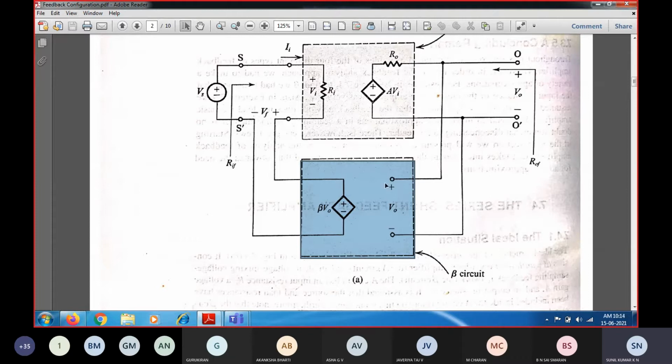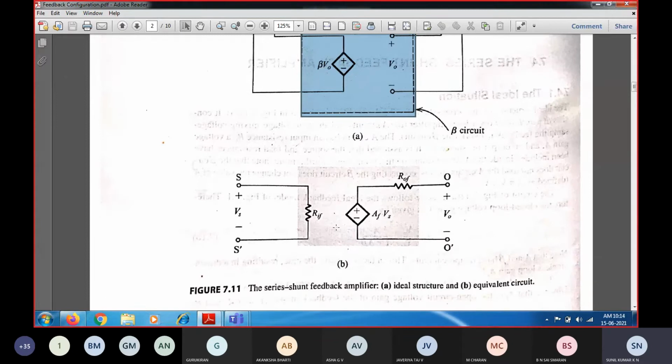When you employ the negative feedback, you can also see that the input resistance as well as the output resistance of the open loop amplifier will get modified. This is the thing which we need to find out. On employing the feedback structure, you are going to experience a change in the input resistance as well as the output resistance of the feedback structure.